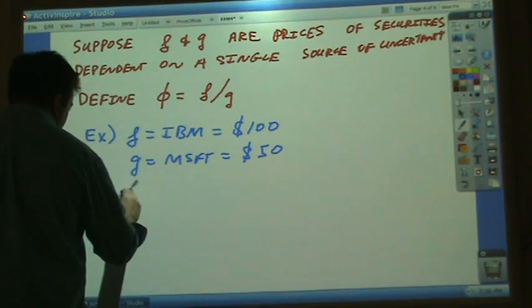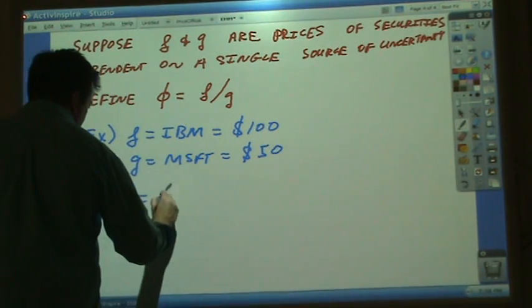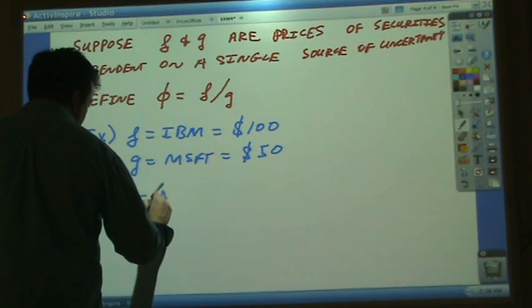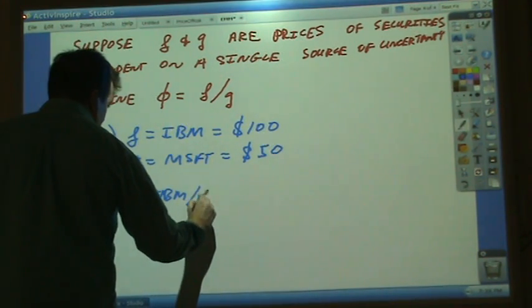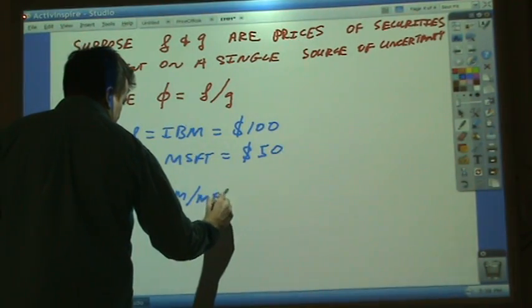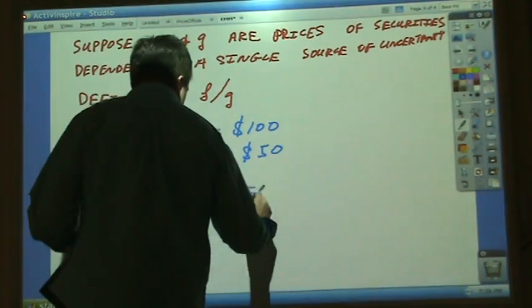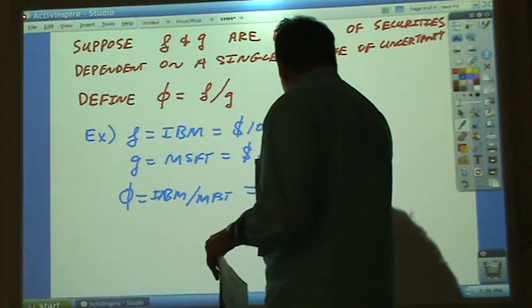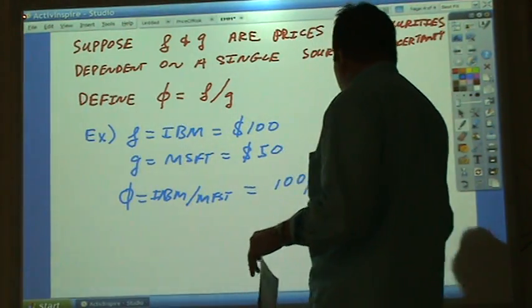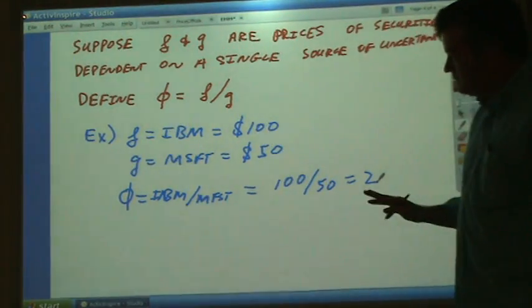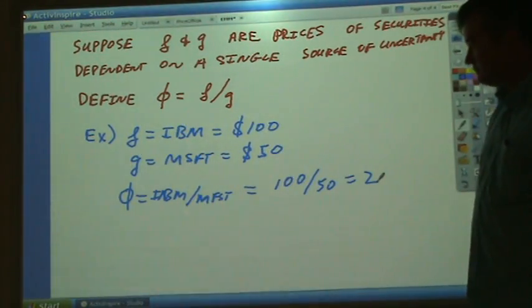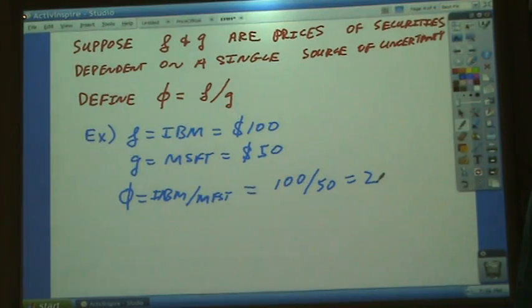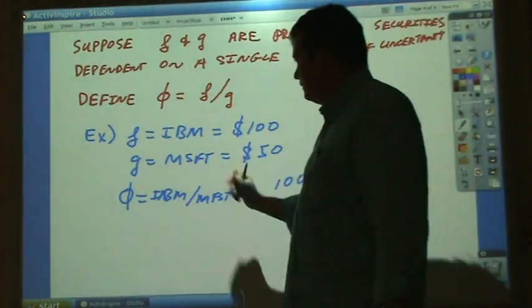If we define phi to be IBM divided by Microsoft, then we would get 100 over 50 equals 2. So what phi ends up being is a relationship of one divided by the other. Phi is really a ratio of one thing to another.